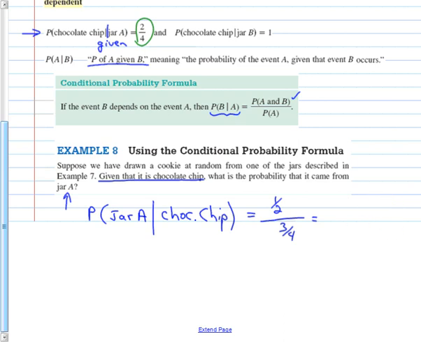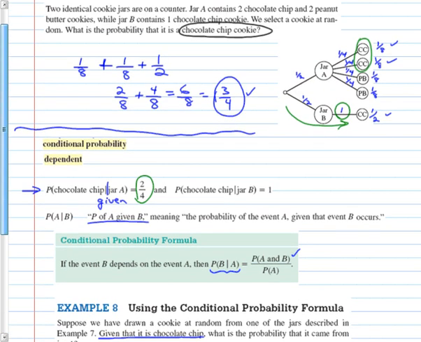Probability of A and B up here. So I need to have the probability of chocolate chip and drawing jar A. Well, I have a 1/2 probability of getting a chocolate chip from jar A. But I also need to draw jar A, 1/2. So what this is, probability of getting a chocolate chip from jar A is 2 out of 4, 1/2.